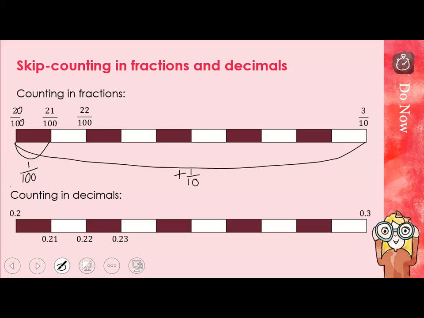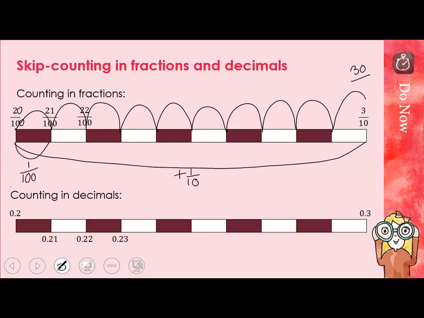So I can start from 2/10 and count on all together, please. 21/100ths, 22/100ths, 23/100ths, 24/100ths, 25/100ths, 26/100ths, 27/100ths, 28/100ths, 29/100ths, and this would be 30/100ths, which is equal to 3/10. I know that because I could divide both the numerator and denominator by 10 to get to that fraction.